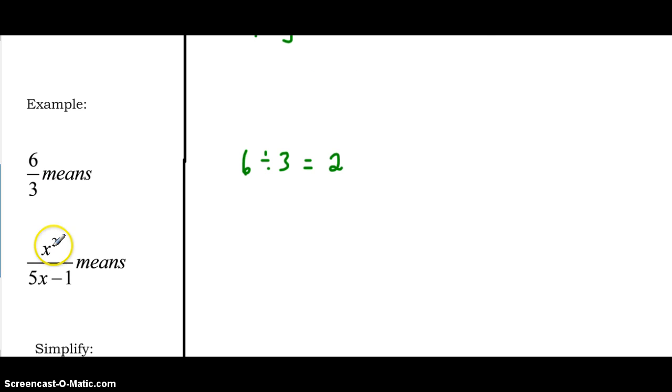So the second example is a good example of a rational expression where our polynomial on top is x squared, and the one in the denominator is 5x minus 1. And that means x squared divided by 5x minus 1.